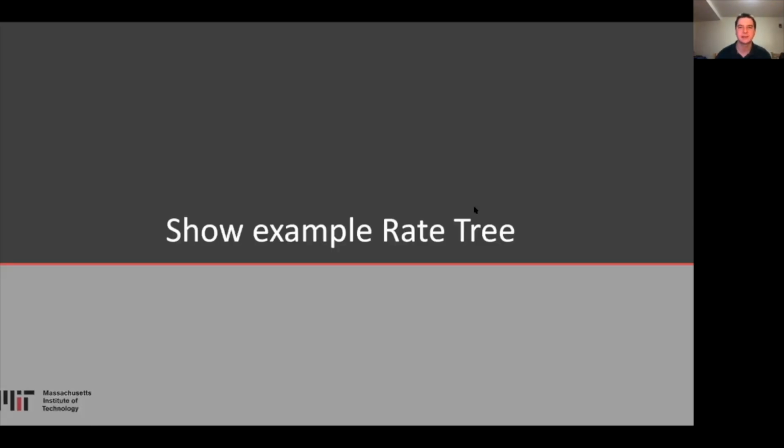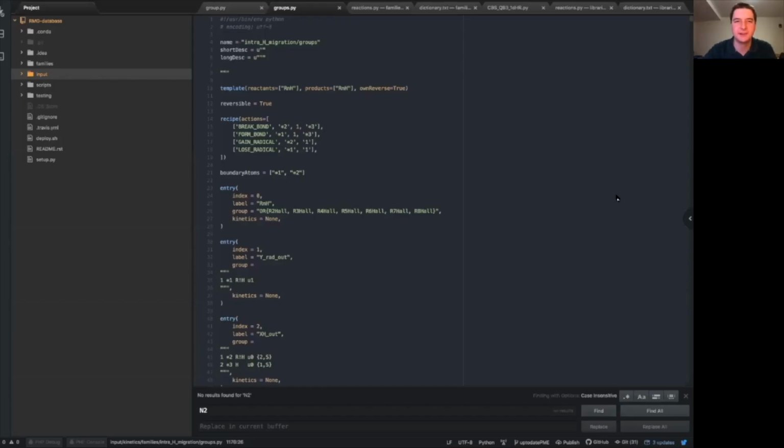So let's look at an example rate tree. Here's the rate tree for intra-H migration, or intramolecular hydrogen migration. And essentially, the most important thing up top is this recipe, which is what tells RMG what bonds to break and what bonds to form, and where to put radicals when this reaction happens.